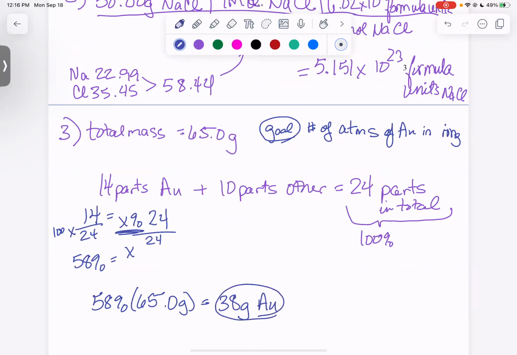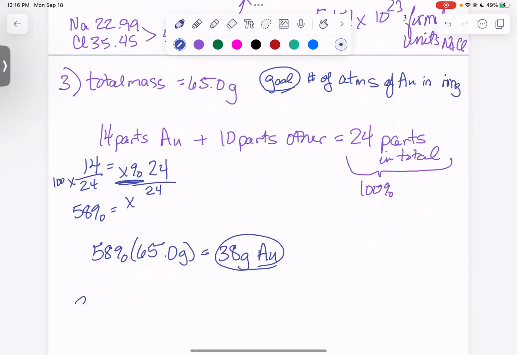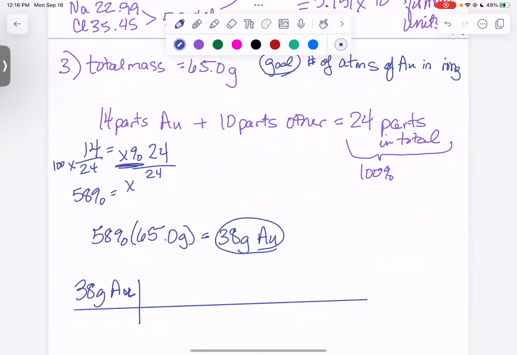That's my gold. So if I have 38 grams of gold, can you go from grams to number of atoms? Sure, right? I know that gold has 196.97 grams in 1 mole.